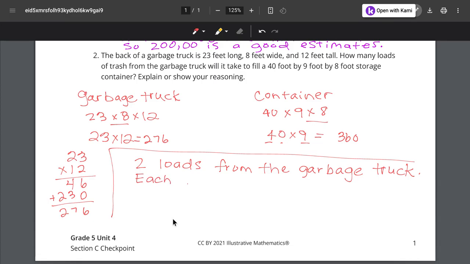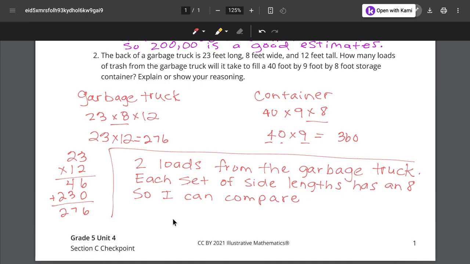So I'm going to say that each set of side lengths has an 8, so I can compare 23 times 12 to 40 times 9.